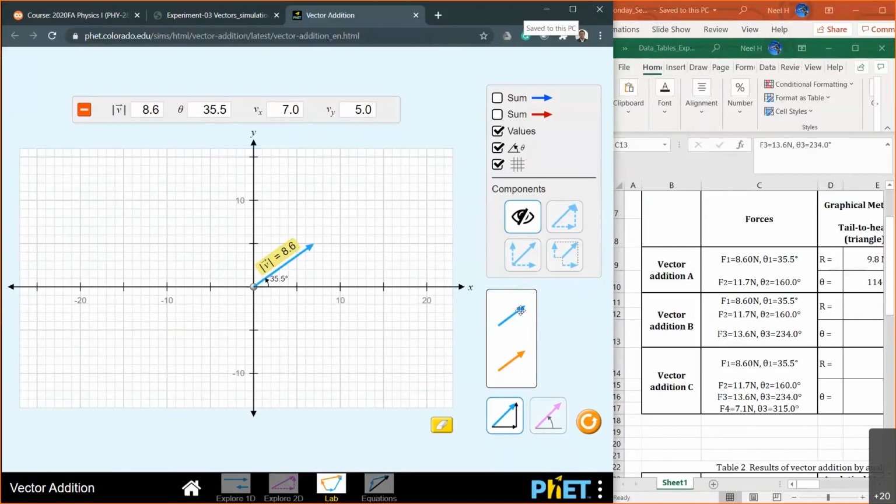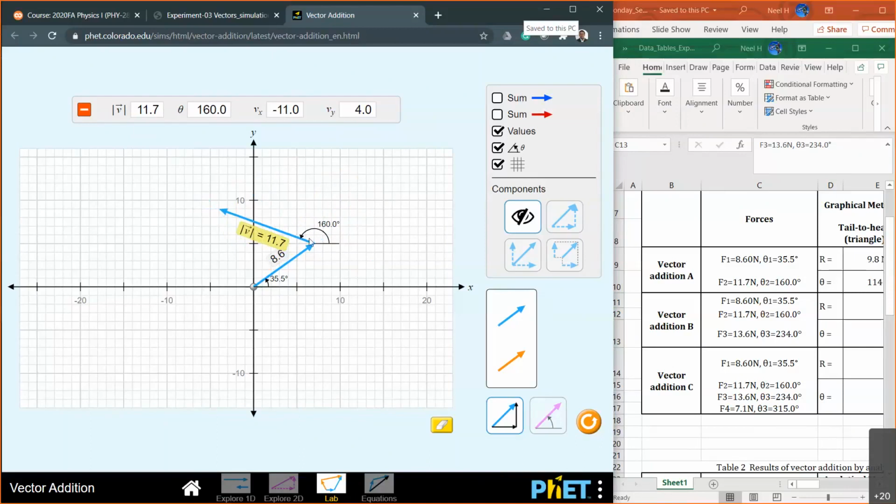Then in the tail-to-head method, at the end of the first vector, you're going to start the second vector and then change the direction by clicking and dragging the arrowhead until you see 160 and 11.7.